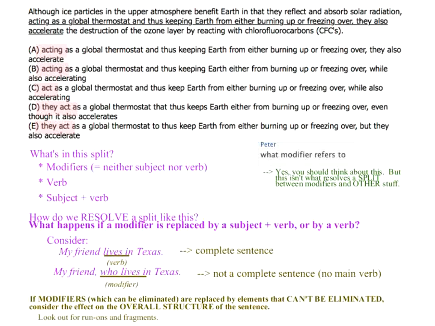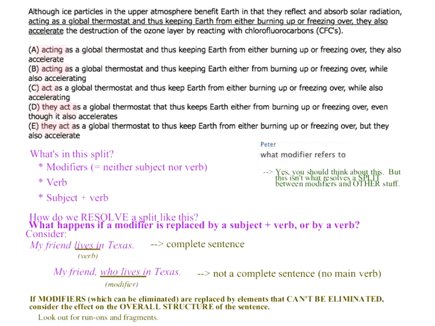Run-ons are things that have too many elements to be a sentence. Fragments are things that don't have enough. So, here's one example where you actually want a verb. You want "my friend lives," because you have to have something whose subject is my friend.